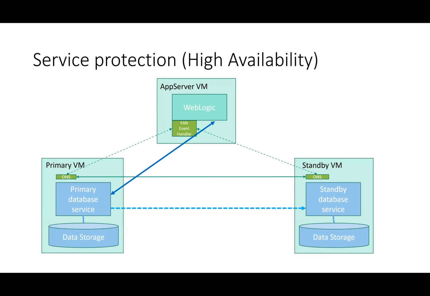So the way FAN works is that underneath the covers, your DataGuard database might be losing your primary. Here's normal operation. You might end up losing the primary database, but because you didn't lose the primary VM, the WebLogic app server stays connected, won't drop, because the TCP/IP connection is still there.